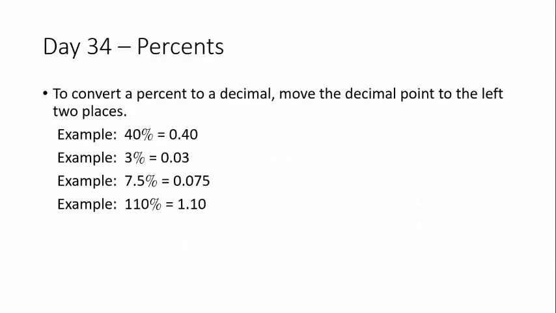Now, to go the other direction, to convert a percent to a decimal, we move the decimal point to the left 2 places.